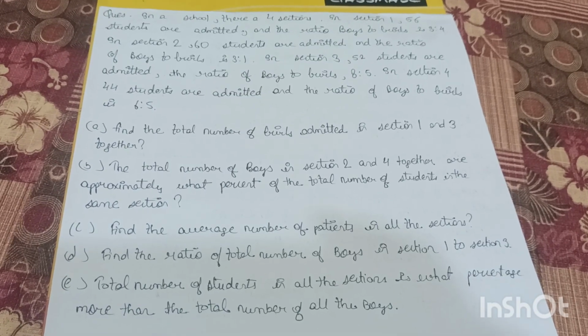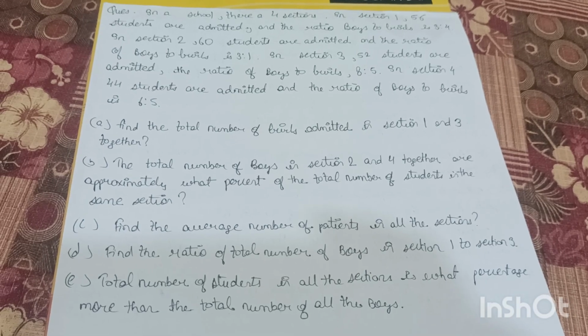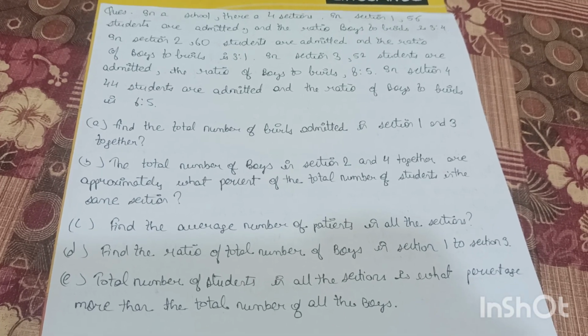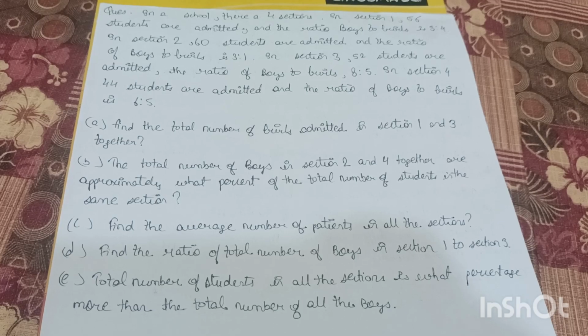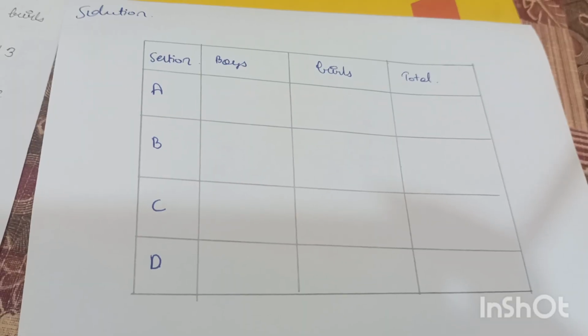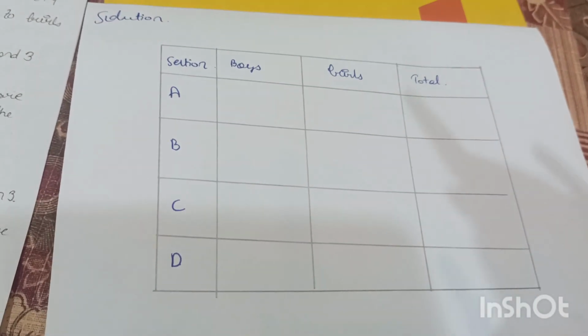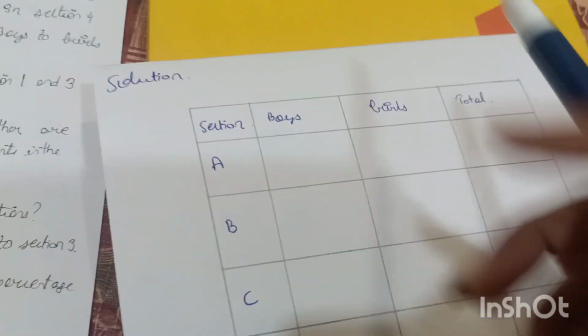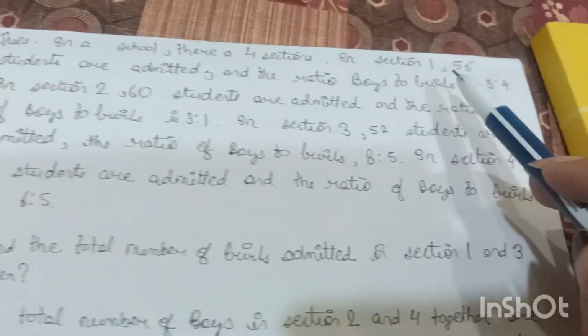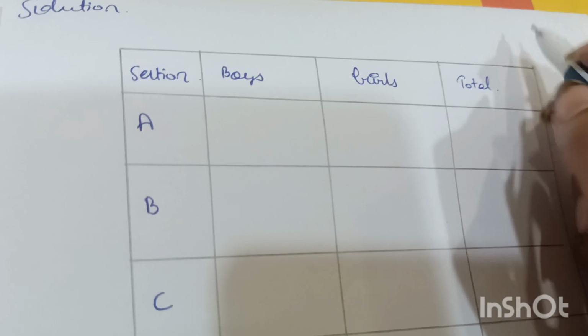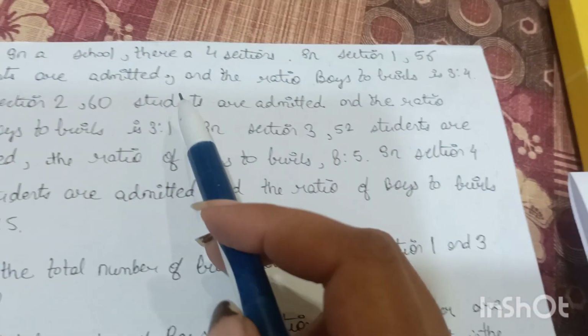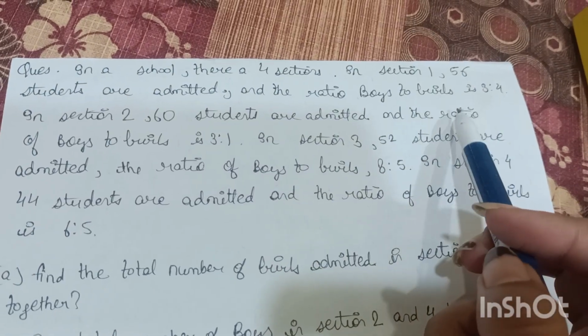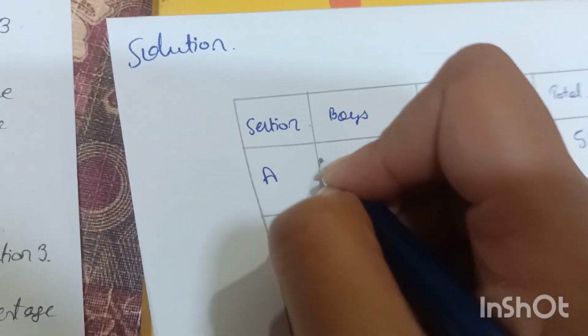So the next question is on your screen. You may solve it out. For this question, you need to first make the table like this. Now let's fill the values. In section 1, the total value is given as 56. Then the ratio of boys to girls is given as 3:4, so you can write it as 3x and 4x.